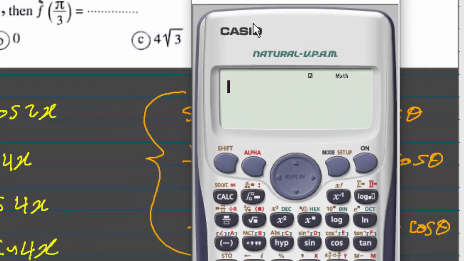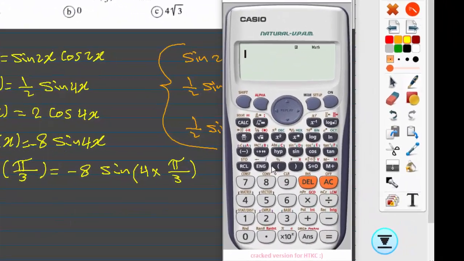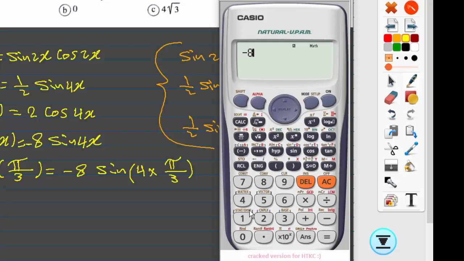And we write negative 8 sine of 4 pi over 3, and close the bracket. The result equals 4 root 3.